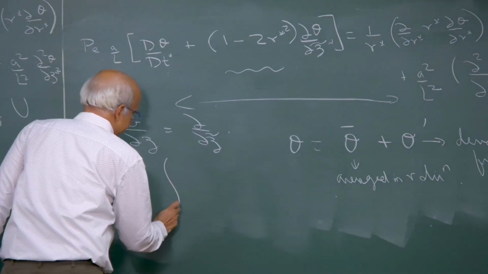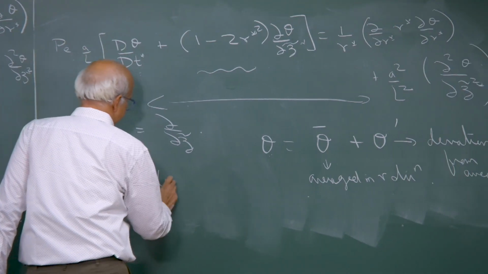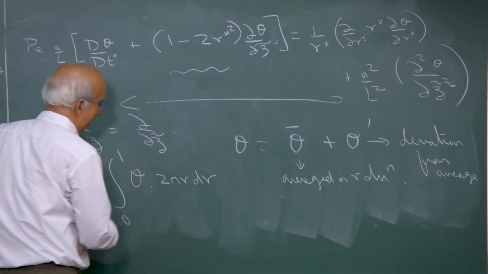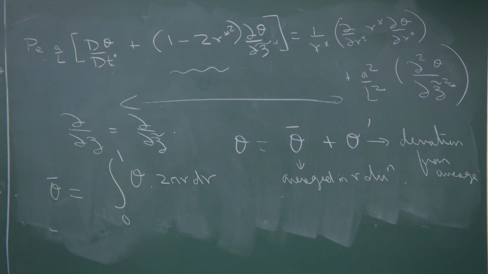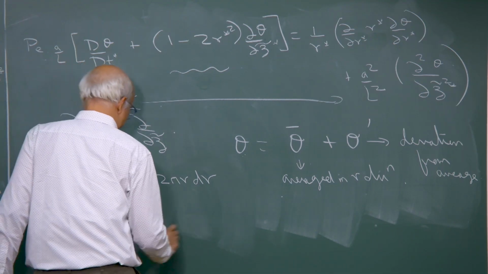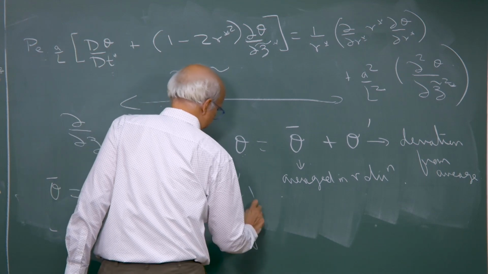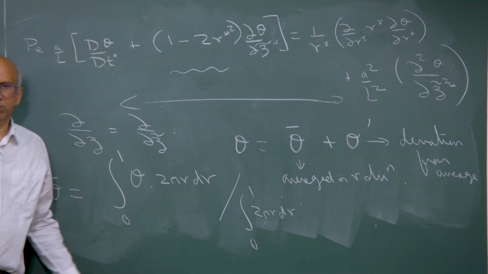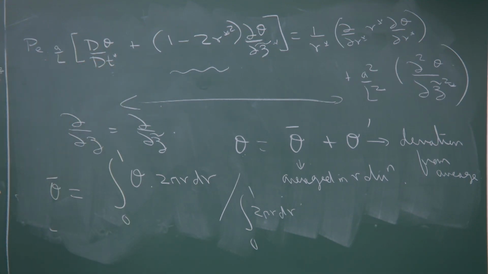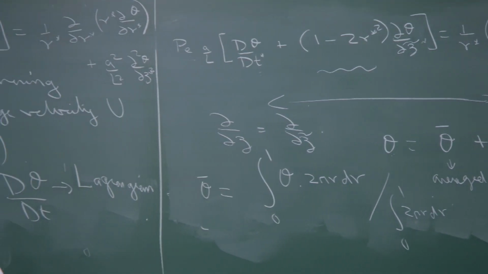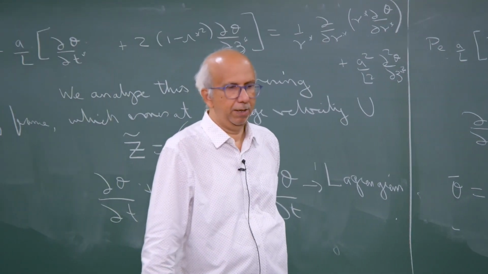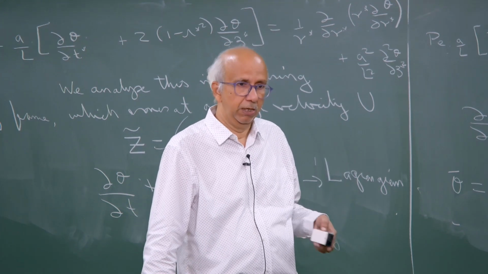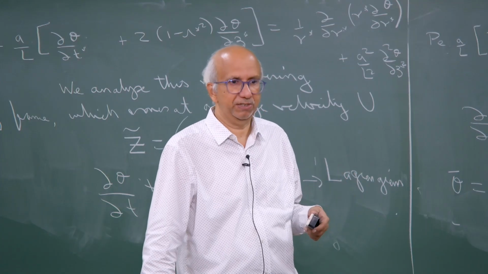This is average 0 to 1 theta, I should do 2 pi r dr divided by 2 pi r dr. Okay. This is anyway a constant. So, what I have done is I have just defined the average temperature. Okay. Because I am only averaging in the radial direction. So, how does the average temperature change is what we are interested in doing.